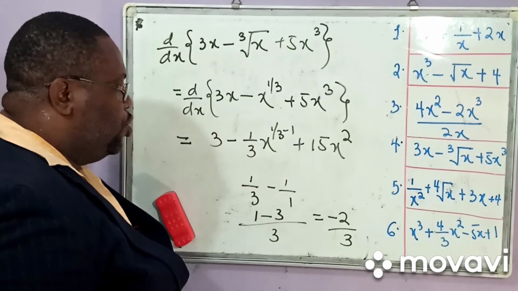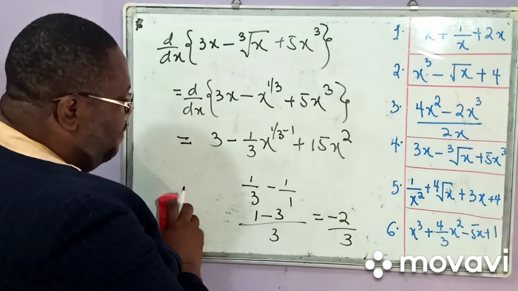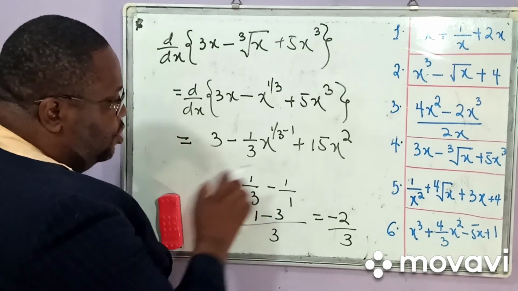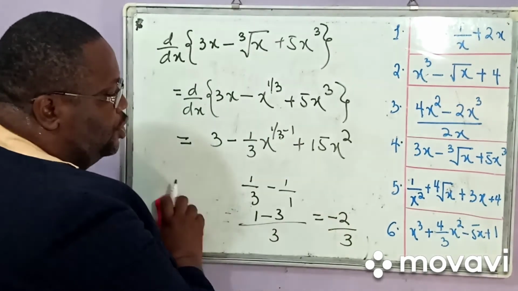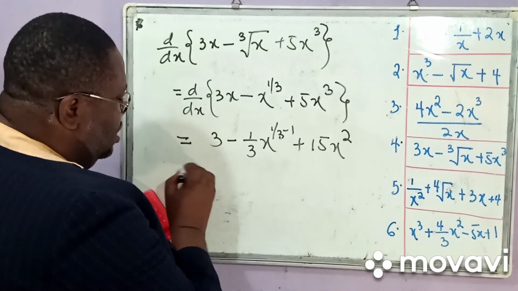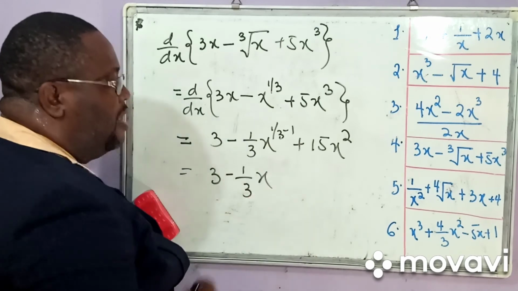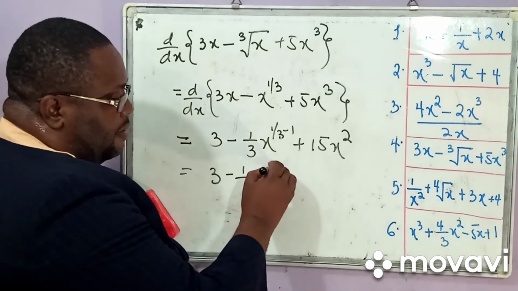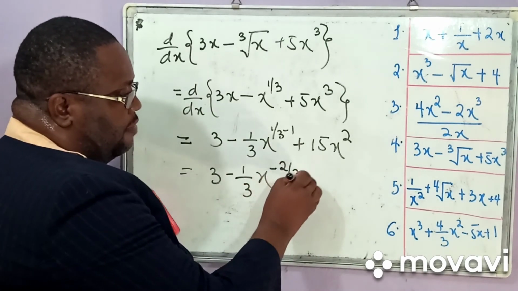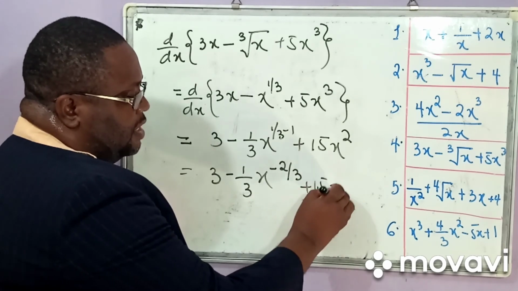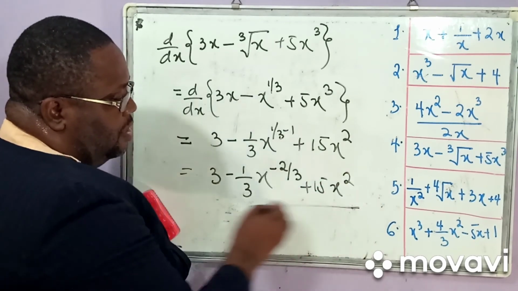Perfect. So our final answer now becomes, this is negative 2 over 3. So this simply becomes 3 minus 1 over 3, and then we have x raised to the power negative 2 over 3 plus 15x squared.